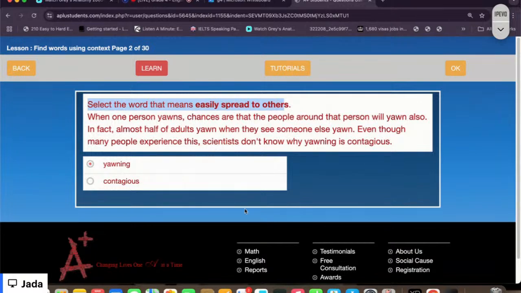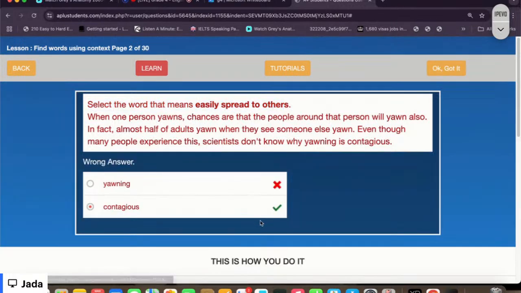So is it yawning easily spread to others? But no, it is contagious. Contagious means when you easily spread something around. Okay, so it was just like when we had the COVID-19 and it was contagious.